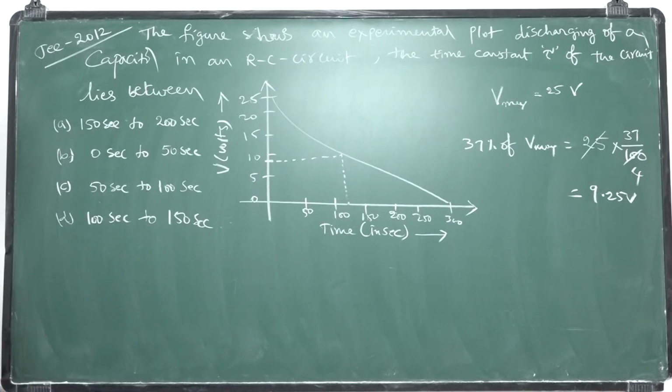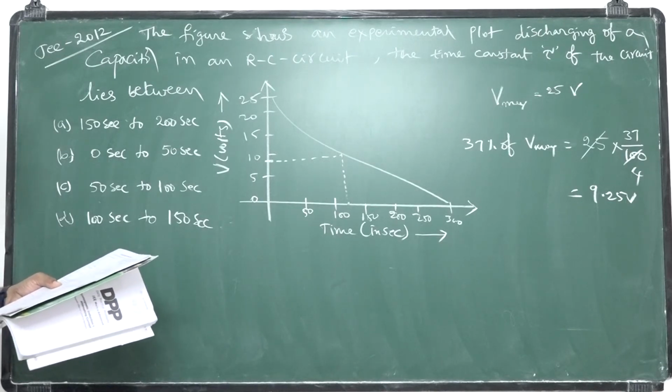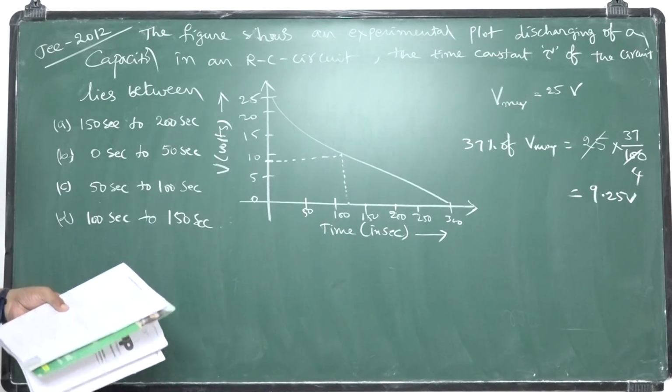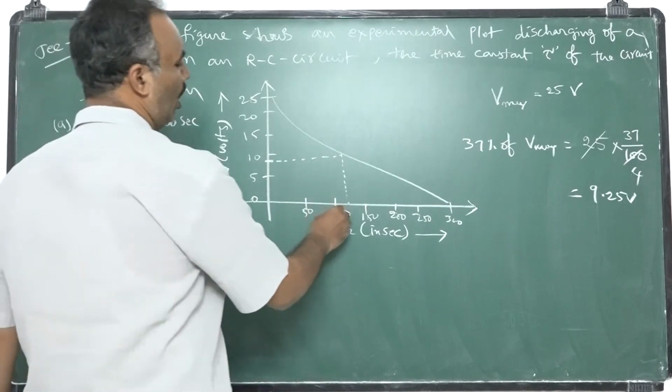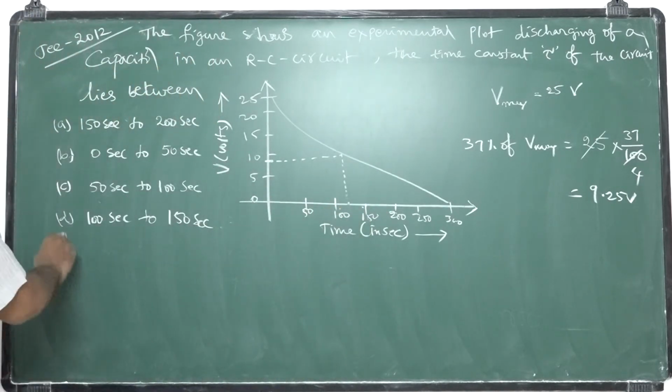So the time is in between 100 seconds to, as per the diagram, 100 seconds to 150 seconds. So this will be the answer for the given question. It's a very simple question. This question is on the basis of the definition of time constant.